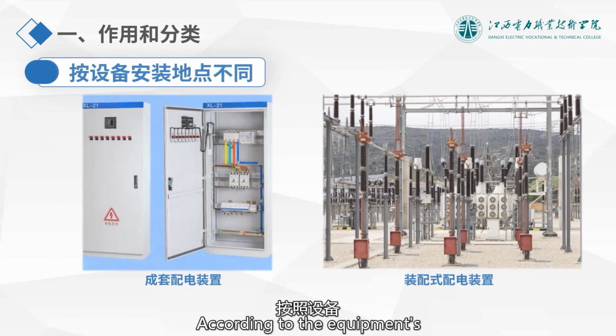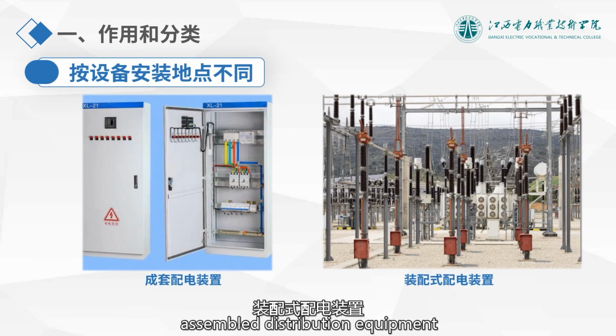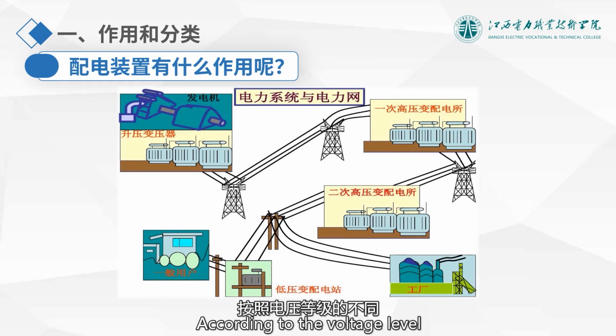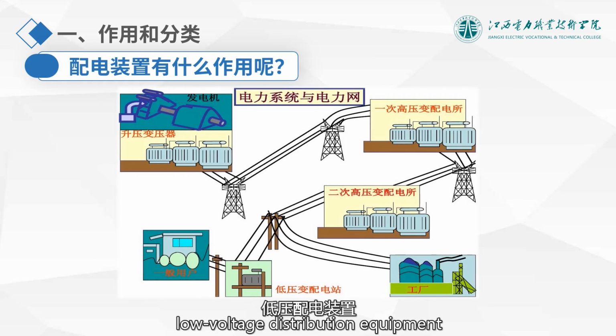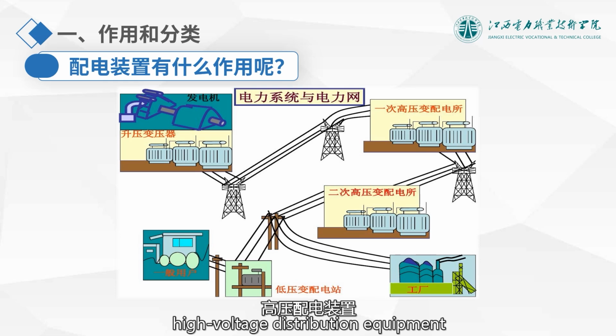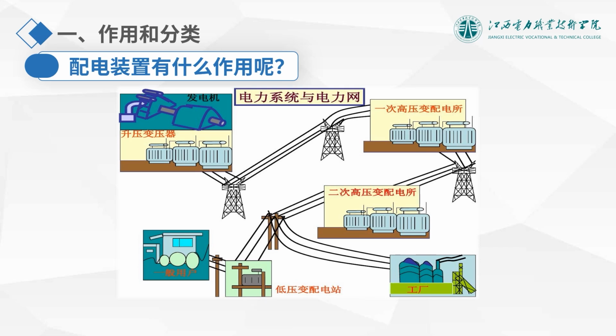According to the equipment's assembly method, it can be divided into assembled distribution equipment and complete distribution equipment. According to the voltage level, it can be divided into low voltage distribution equipment, high voltage distribution equipment, ultra high voltage distribution equipment, and extra high voltage distribution equipment.